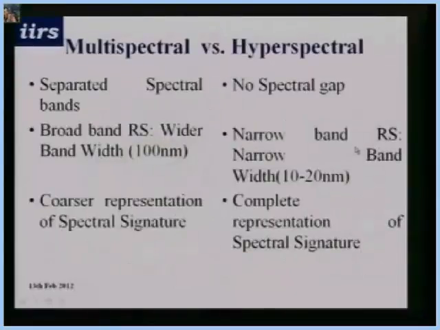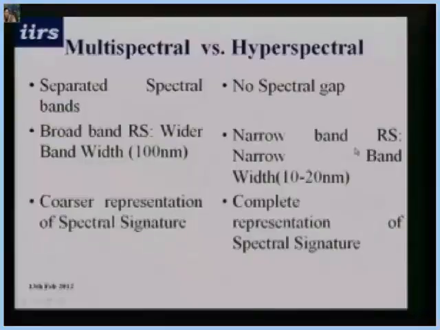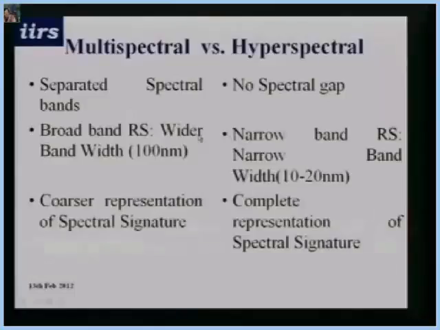If we compare multispectral versus hyperspectral, we can say that multispectral has separated spectral bands with gaps in between, whereas in hyperspectral data sets there are no spectral gaps; they are contiguous in nature.